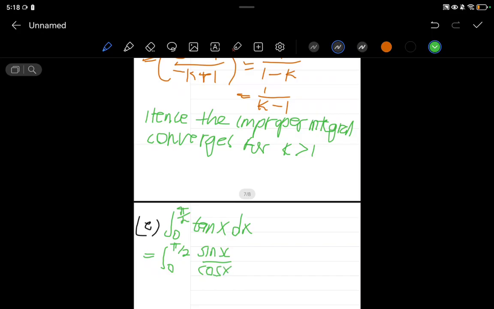I'm focused on the denominator. What is cos of 0? It's 1. So 0 doesn't give us any undefined. What is cos of pi over 2? It's 0, right? So it means that we need to replace pi over 2.